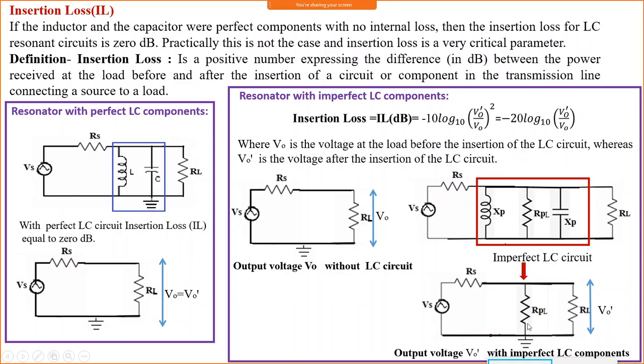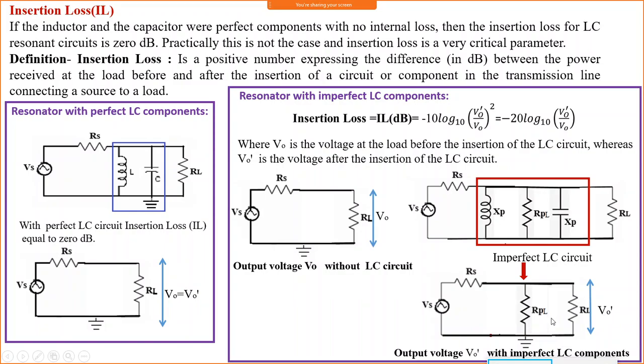The voltage drop across this parallel combination we have to calculate. So that is automatically different from this V naught, and that gives the insertion loss. It may be based on the value of this RPL, the inductor resistance. The value of V naught dash changes.